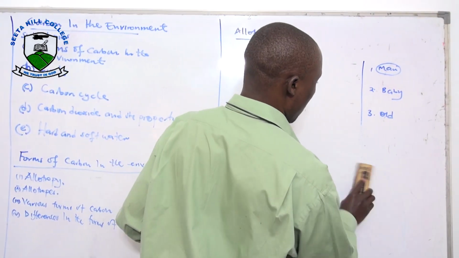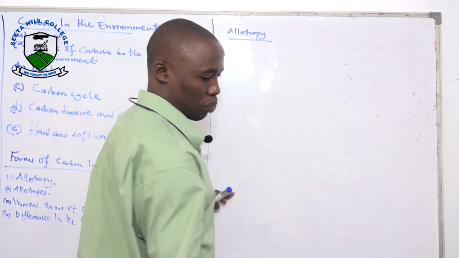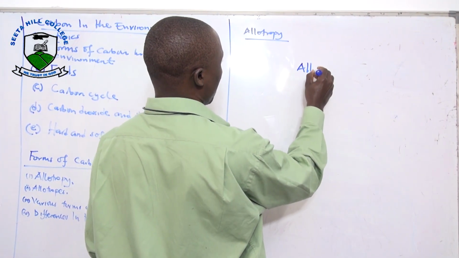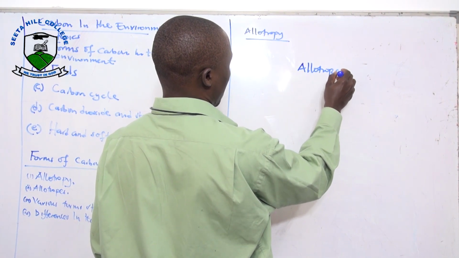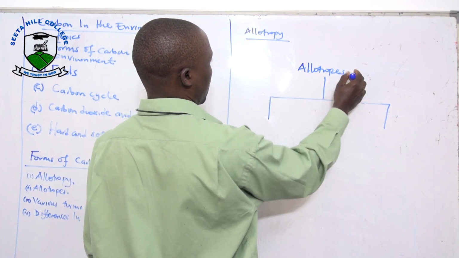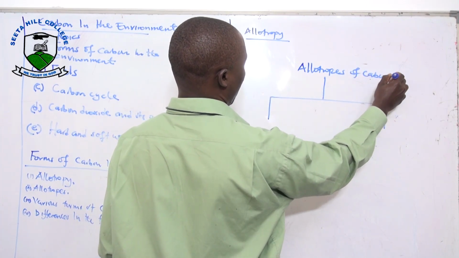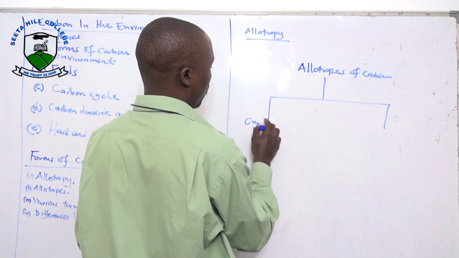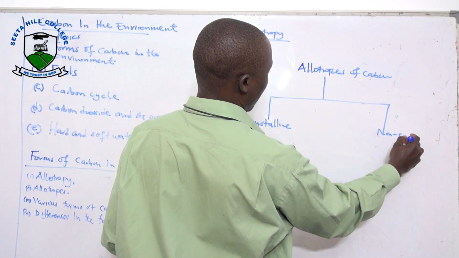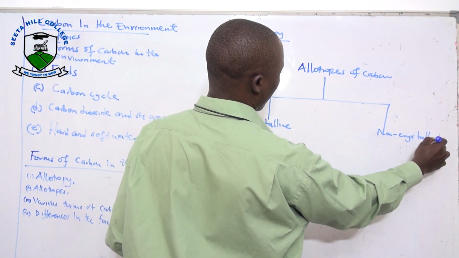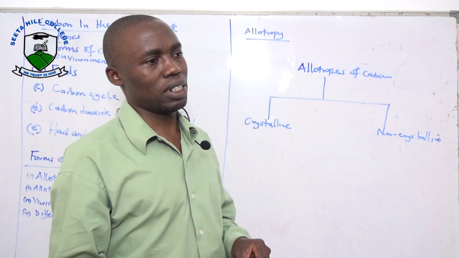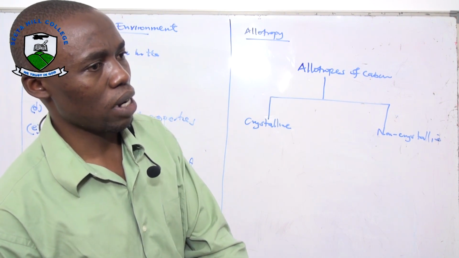Now the next discussion is the various forms of carbon. Carbon here has allotropes. Allotropes are those forms that are, what? Crystalline. Because we saw that definition under minerals. See, to be crystalline, what is it to be?